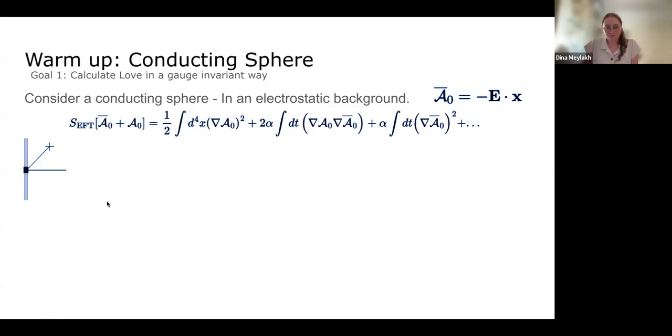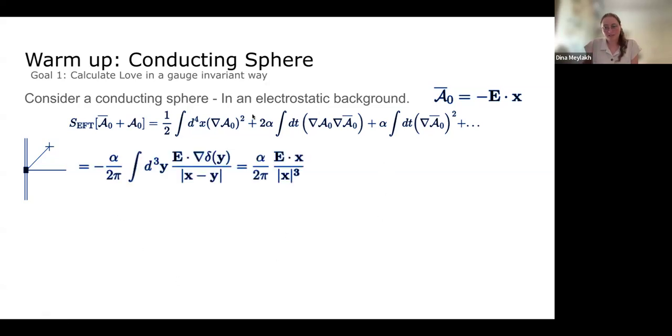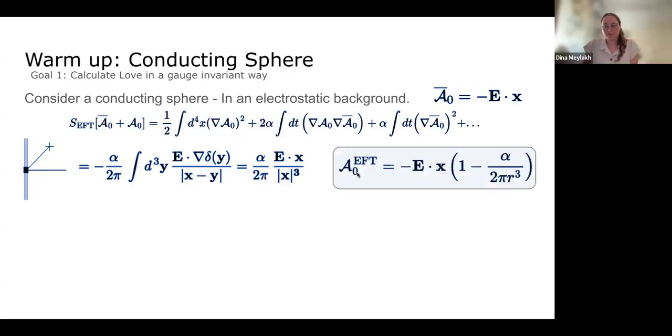So we just take the vertex from the second term between the field and the background field, and the propagator from the first term, and we compute this correction to the field. And so our full EFT field composed with the background field and this correction that we calculated is the following.